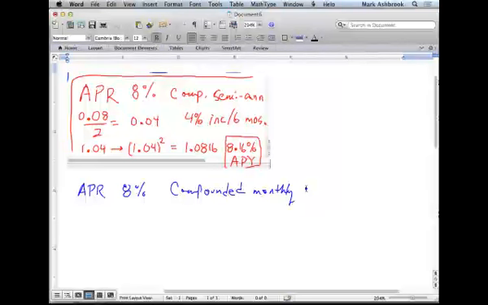Leah. So we did the 0.08 and divide that by 12. Oh, I thought you can't divide the percent by 12. We divided it by 12 months. Yeah. I just told you, right? So then that comes out to 0.0066. Like that? Yeah. Okay. And then you add 1 to that. So it's 1.00667.